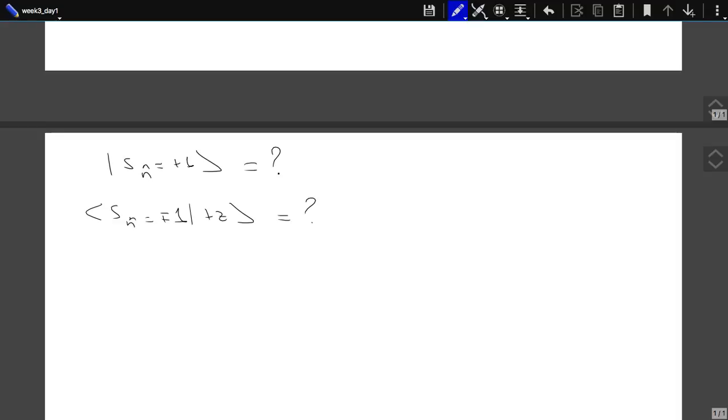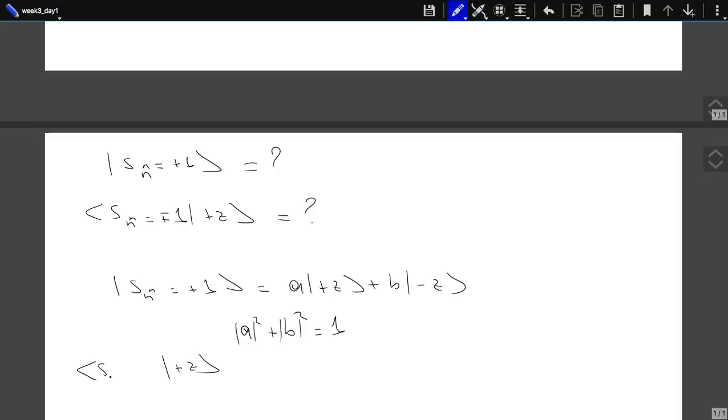Now we have to write down the states in terms of plus z and minus z states. So this state we should define in that basis. This will be a plus z plus b minus z, and then a squared plus b squared would be 1. And so the answer to your question is this one.